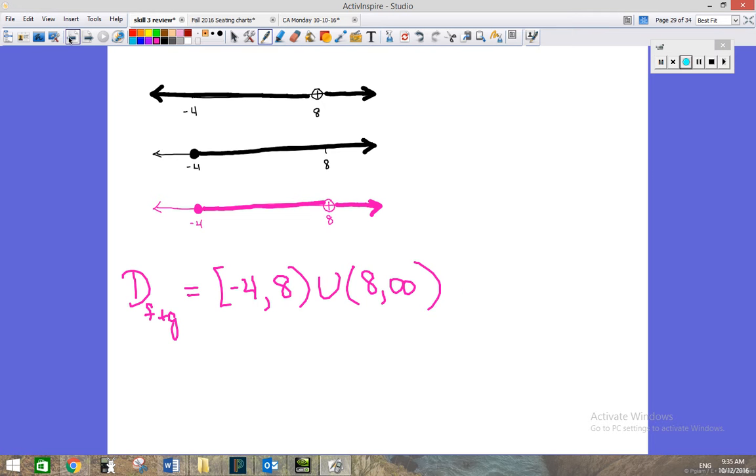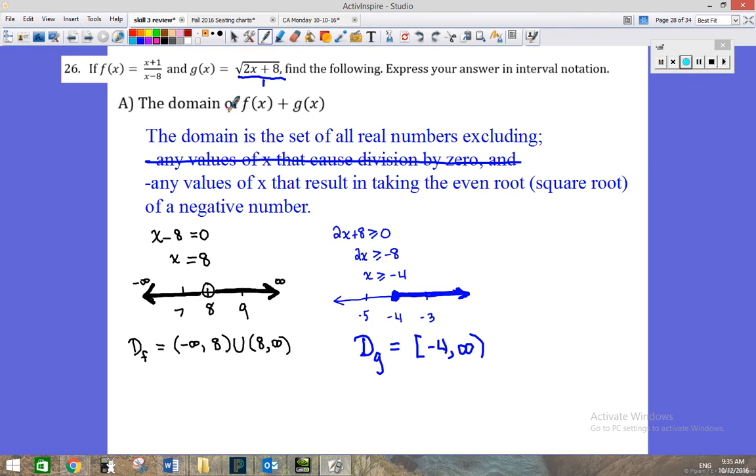Now let's make a comment that if they had asked me to find the domain of f of x minus g of x, it'd be the same answer. If they had asked me to find the product f times g, it would be the same answer. And even if they changed the order of addition or order of subtraction, it would be the same answer.